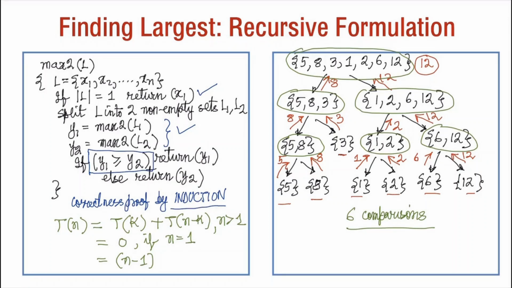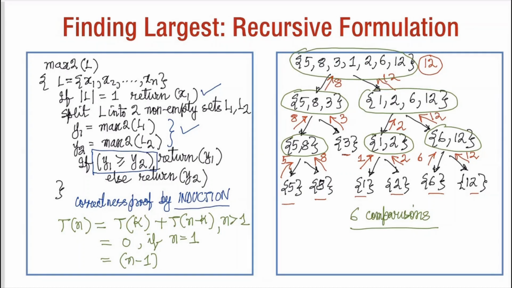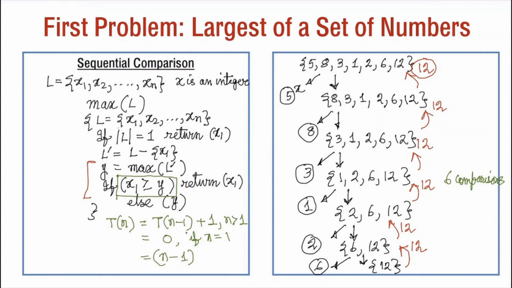If our objective is to find only the maximum of n numbers, then we can split it in any way. And since we can split it in any way, our original choice of splitting into 1 and n minus 1, which we have got here, is good enough for us to work out what we have to do.